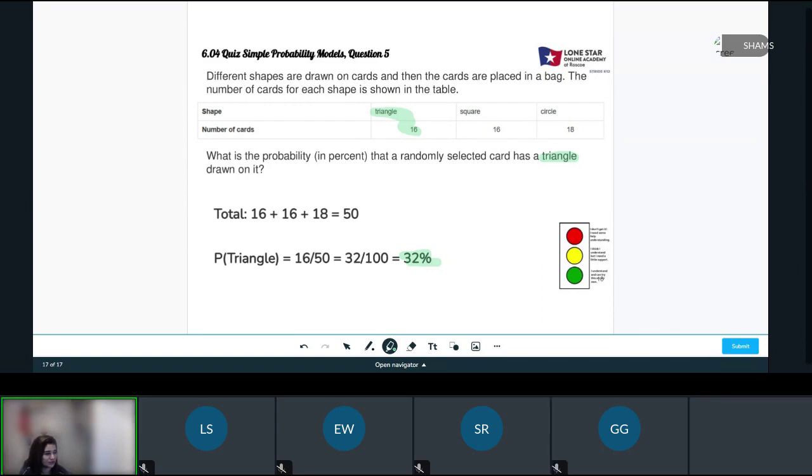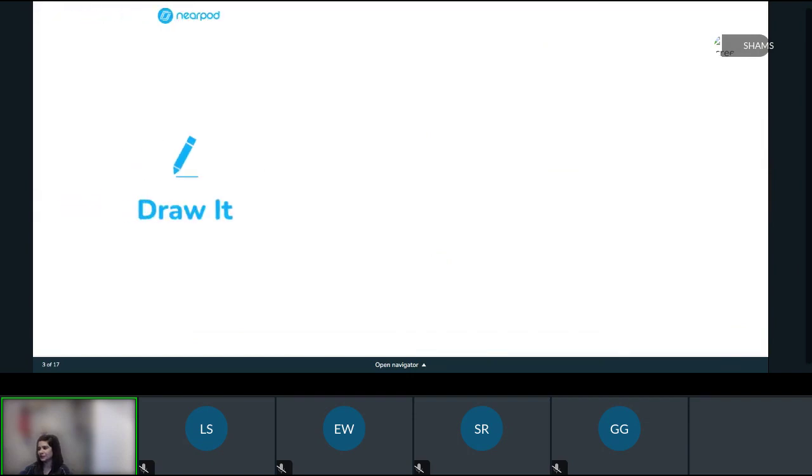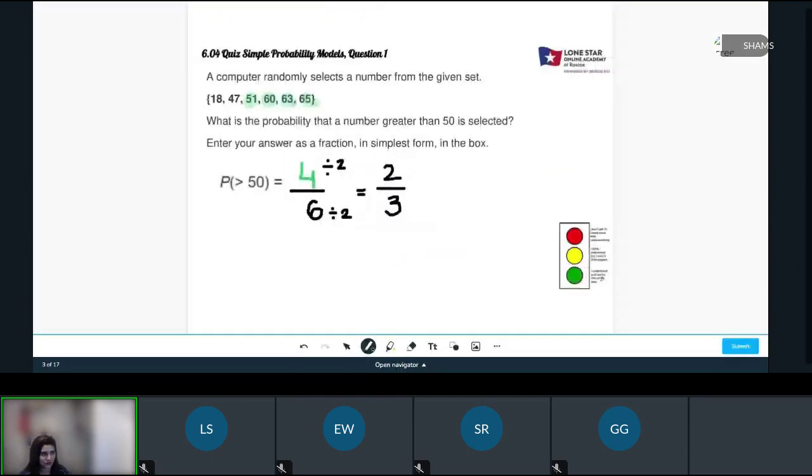Okay, let's go to question 1. Here is question 1. Nina and Glendy, look at your question 1s and let me know what they look like. Is this someone's question in the class? Glenn, is this your question 1? We were thinking of the probability of a number greater than 50.